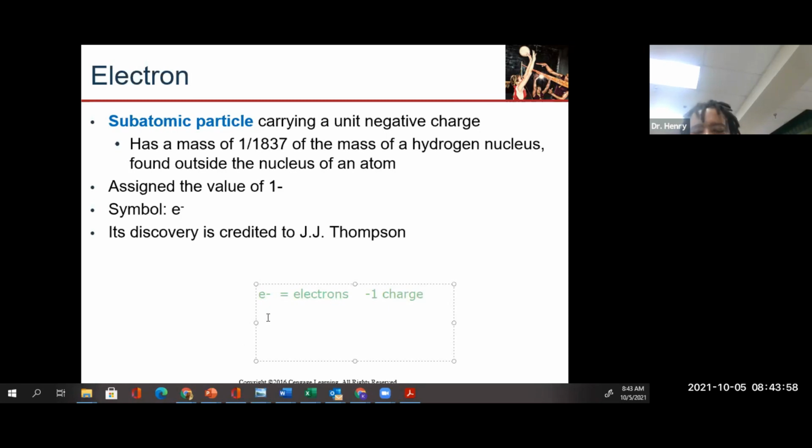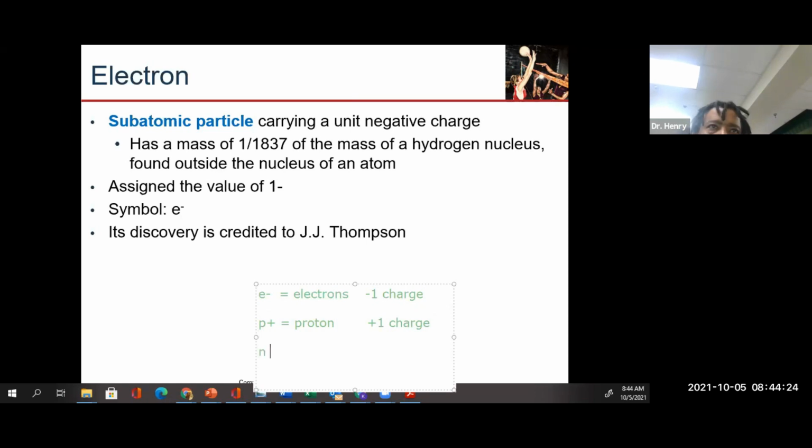A proton, which we're going to use p plus, has a positive charge associated with it. And then we have what we call a neutron.